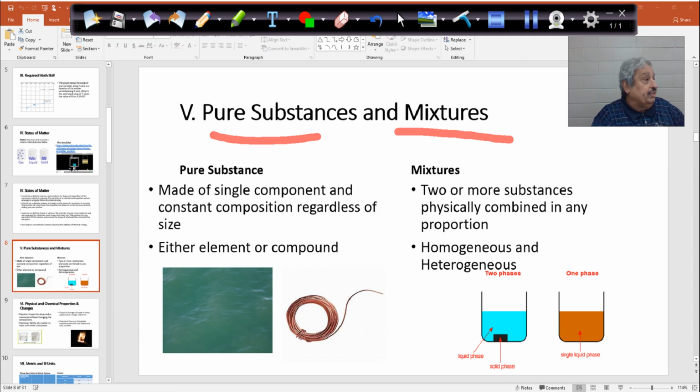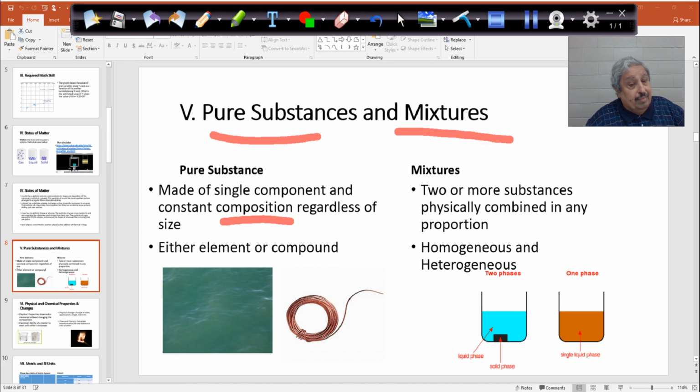A pure substance is matter with a specific, fixed composition. There's nothing else there. A pure substance has its own characteristics, not shared by any other pure substance. So it has to have a distinct, fixed composition. That's the definition of a pure substance.